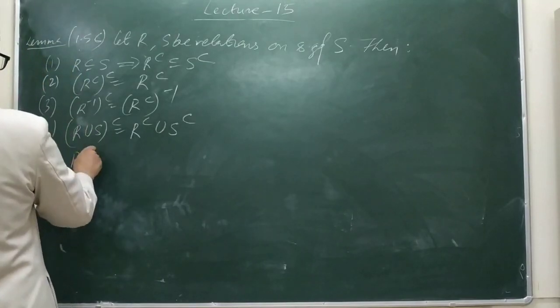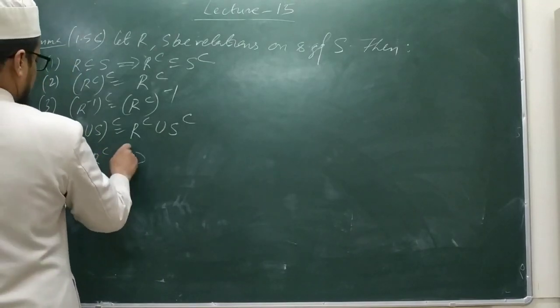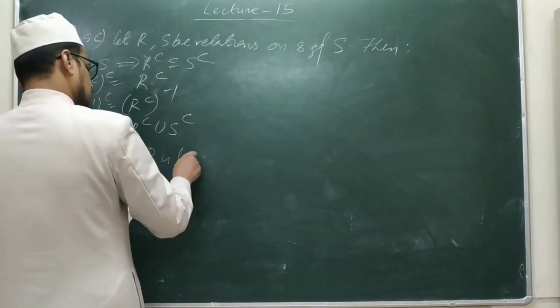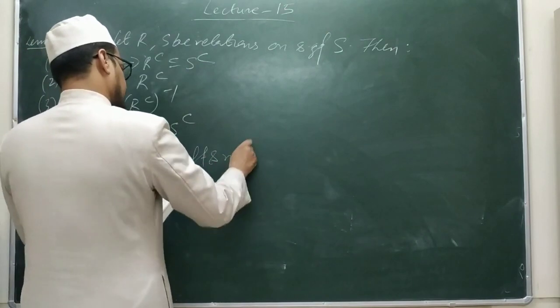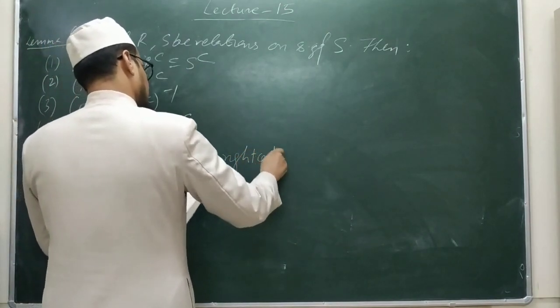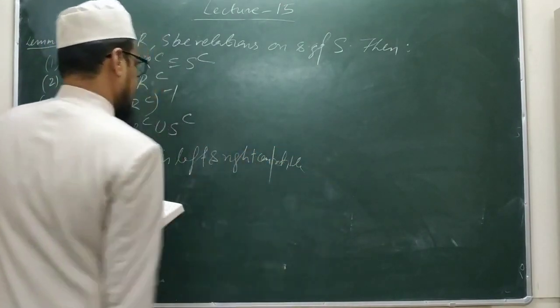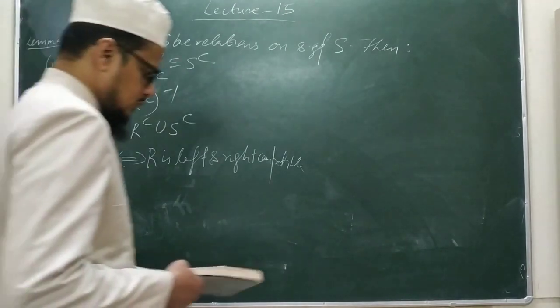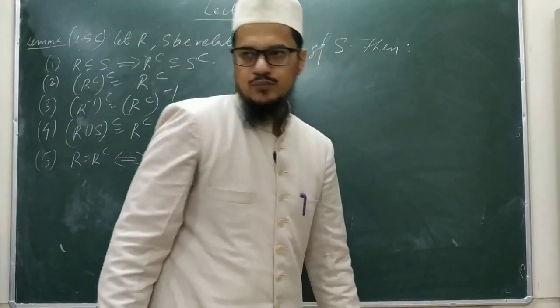Fifth, R is equal to RC if and only if R is left and right compatible. So these are the parts which we have to prove.